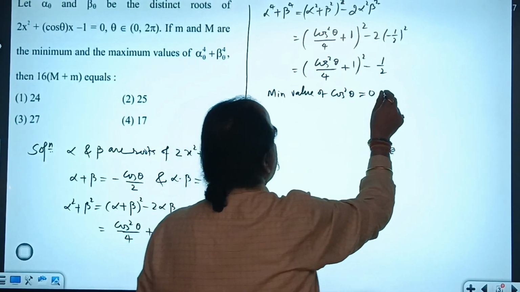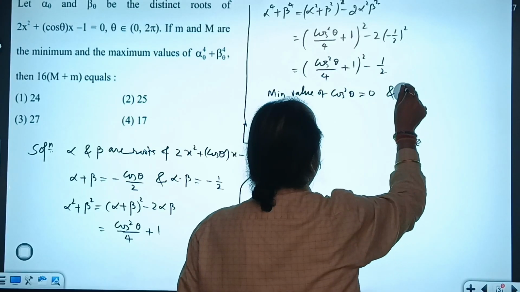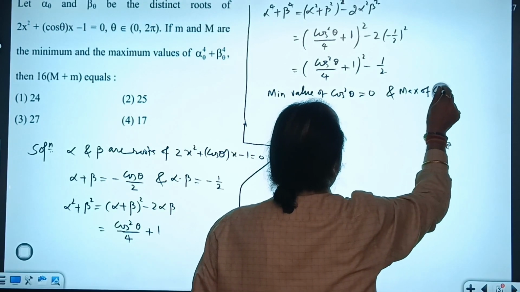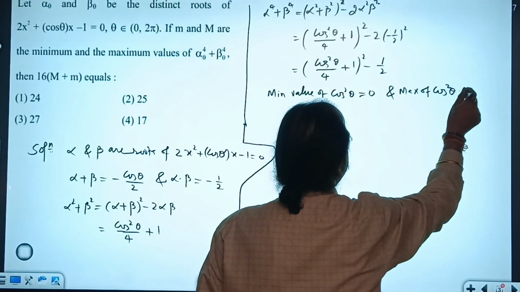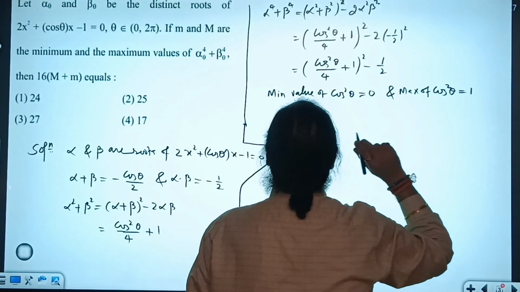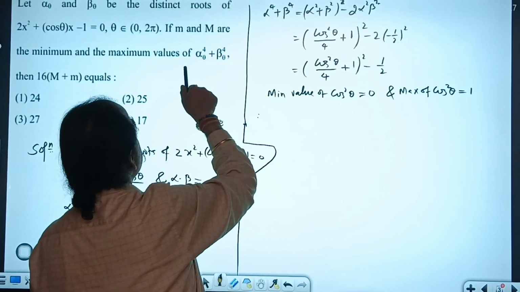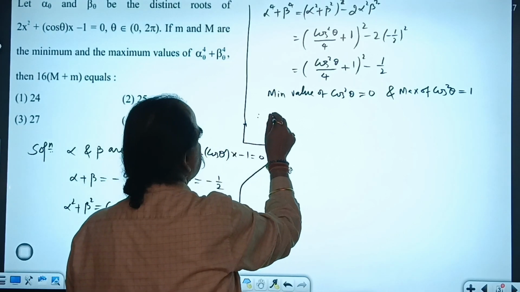And max value of cos square theta is what? 1. Therefore, m is what? Minimum value. Small m is what?